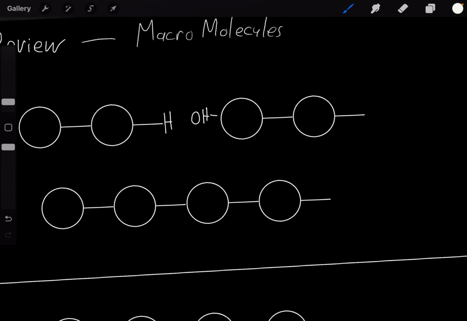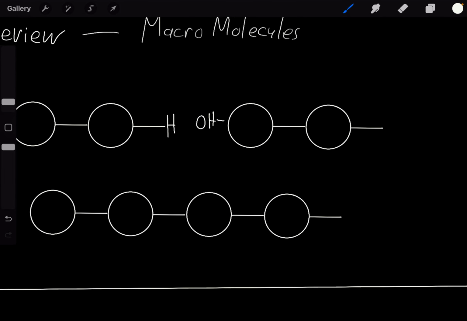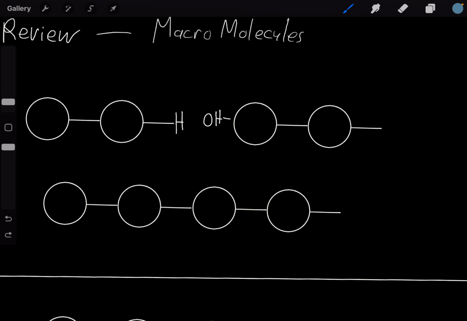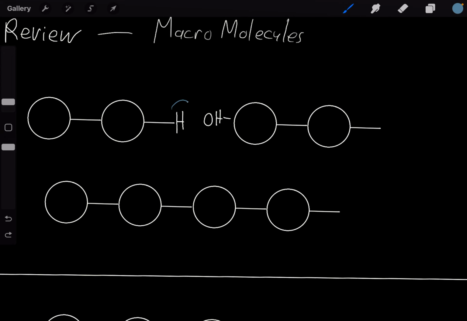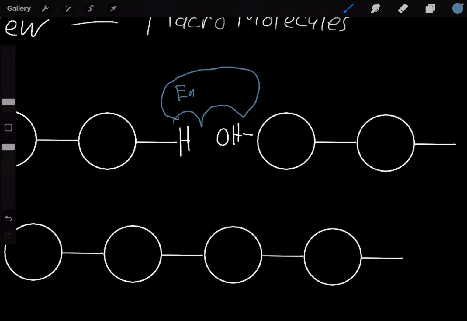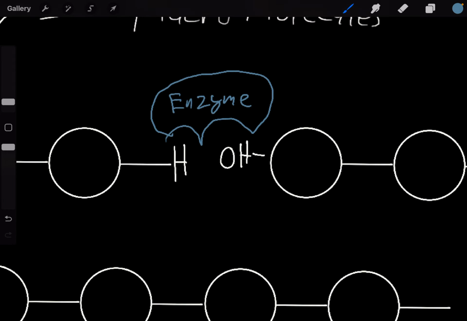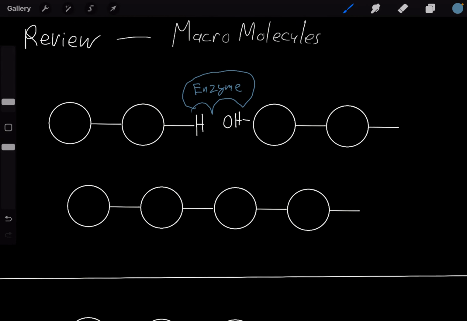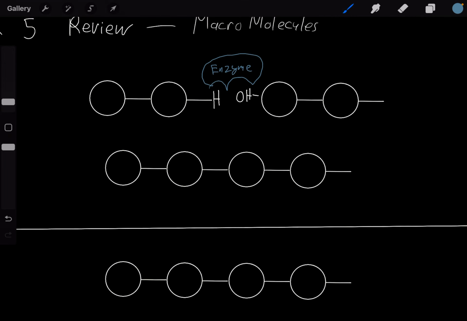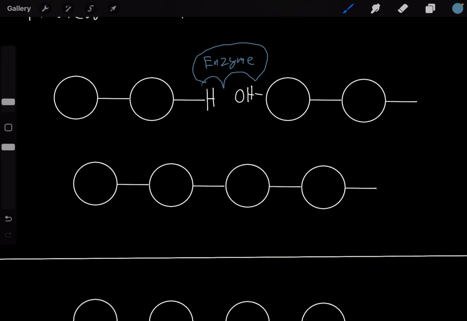There would be an enzyme that takes the monomers, breaks it, takes water out, and then forms a covalent bond.